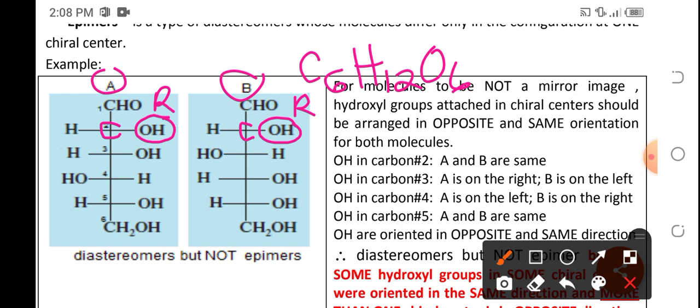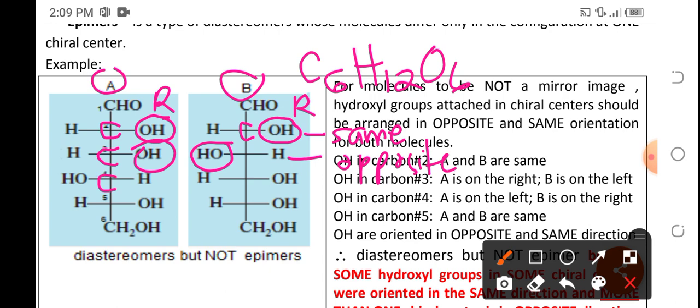Okay, so going back, so this chiral center's hydroxyl ion is on the right while this is on the left. So kung kanina this is same, oriented on the same manner, the second chiral center's hydroxyl ion is oriented in different or opposite. Okay, gamitin na lang natin yung opposite. Okay, so nandun siya sa opposite. Okay?